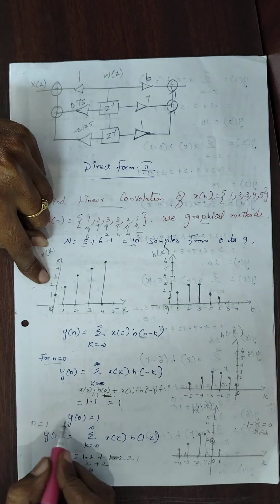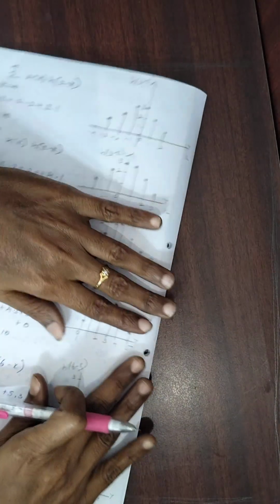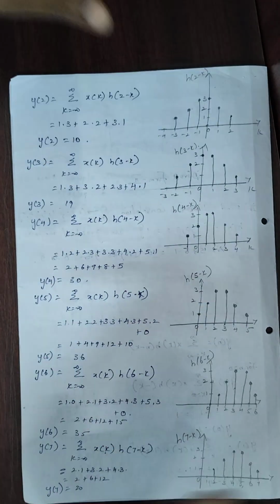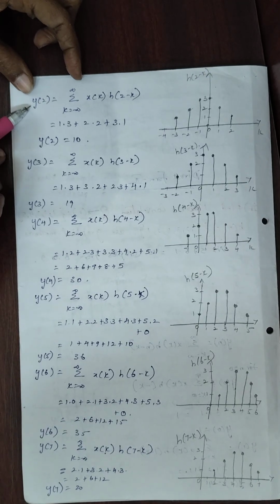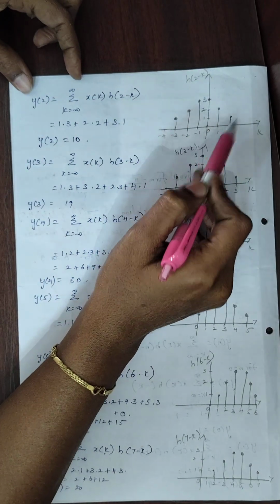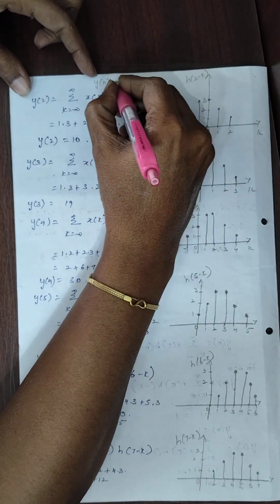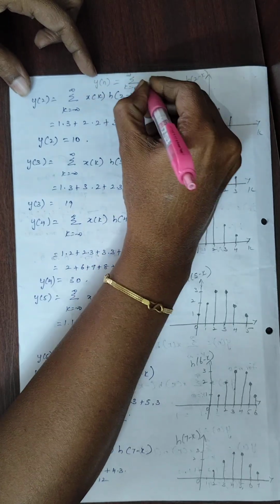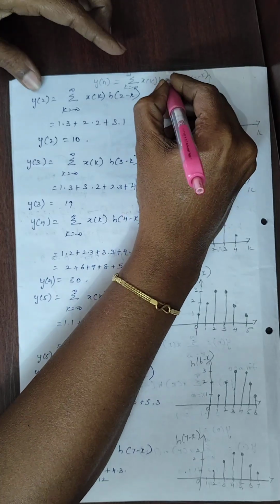We found y of 0 and y of 1. Next, y of 2. What is our formula? y of n is equal to the summation from k equal to minus infinity to infinity of x of k h of n minus k.